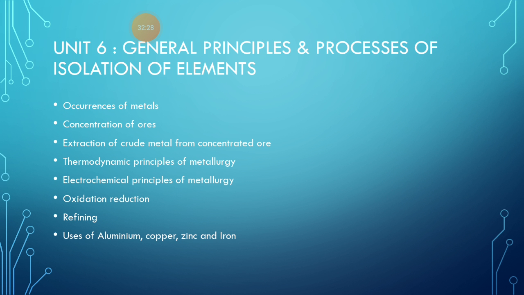Various metals are purified by different methods, and the particular methods used for different elements we are going to learn in the refining part. And finally we are going to learn about the uses of aluminum, copper, zinc and iron, where we are using these metals, the applications of these particular metals. So extraction, purification, and the use applications we are going to learn in this chapter.